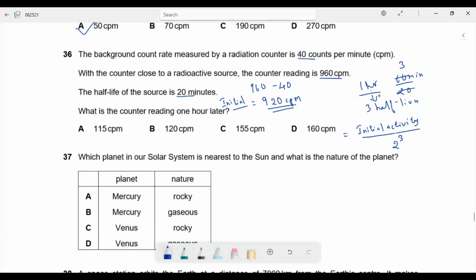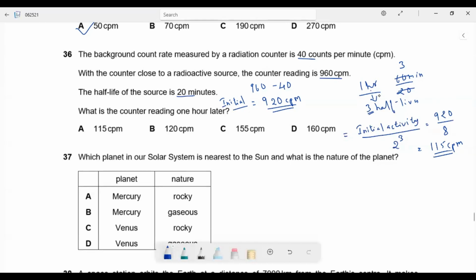So total 3 half-lives are there, so 2 raised to 3 we are taking. So initially it is 920. 2 raised to 3, it is 8. So 920 by 8, that is 115 CPM. So after 1 hour, the counter reading will be 115 CPM.